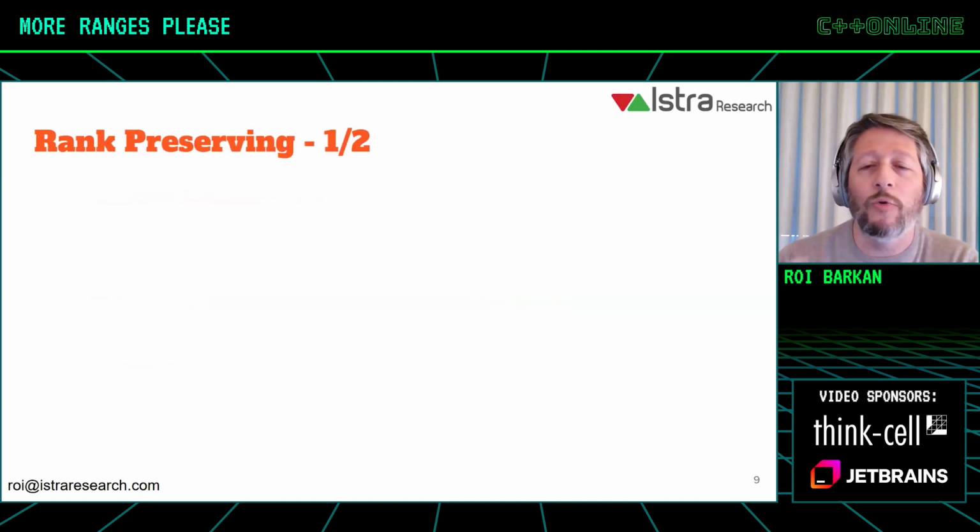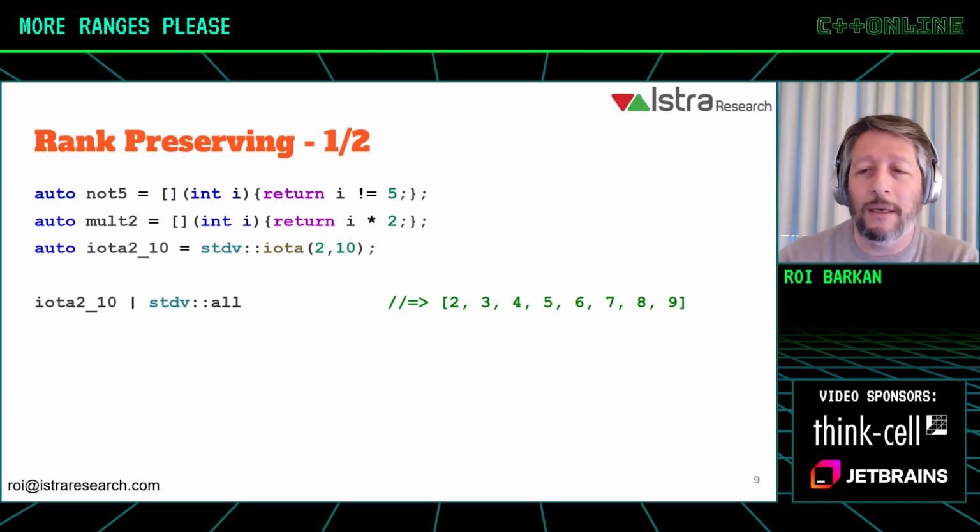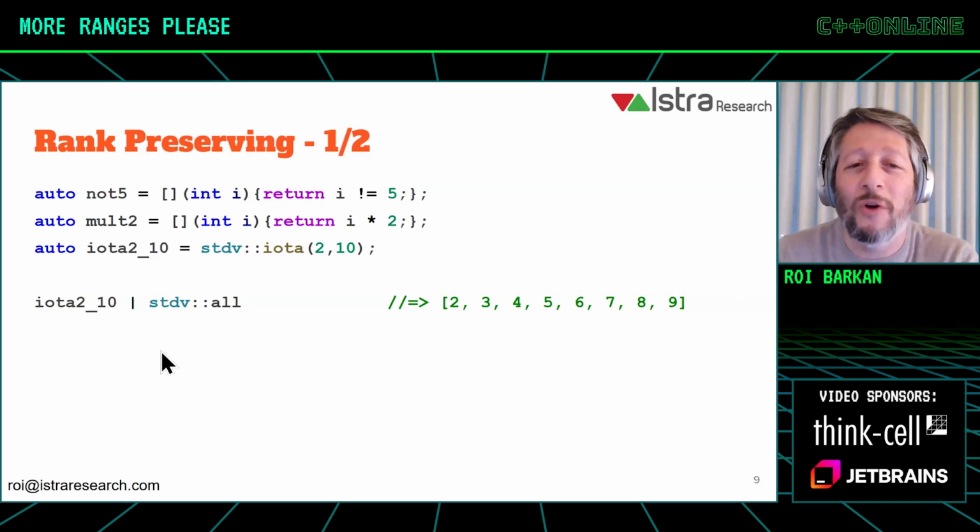Okay, moving on to rank preserving range adapters. As mentioned, there are many of them in the library. So let's look at a few examples. Again, the simplest one is std::views::all. Basically, the all adapter just spits out as the output exactly what was in the input. It seems like something that's redundant, but sometimes it can be very helpful.